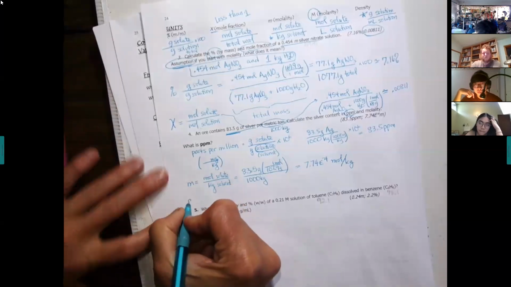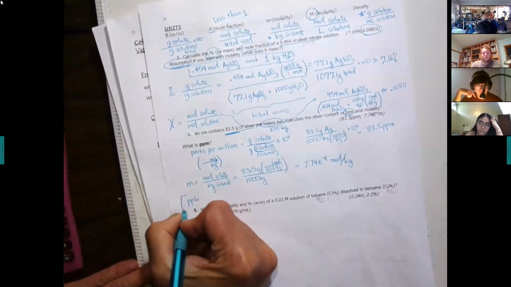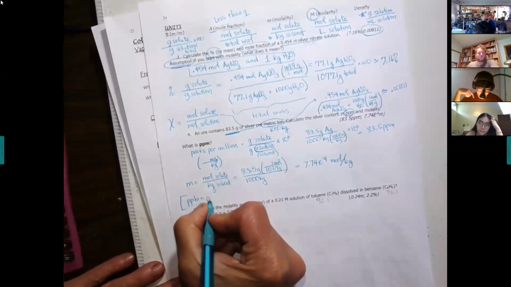This is the one time that you can get away with it. So you could have said either solution or water. Because it's so diluted, and that's also true with parts per billion, even more true. And actually, ppb is parts per billion, if you want to make a note.